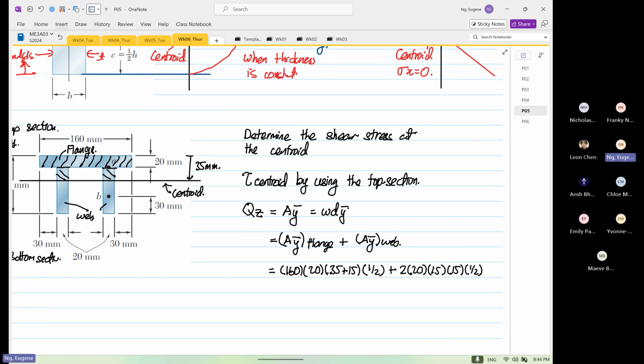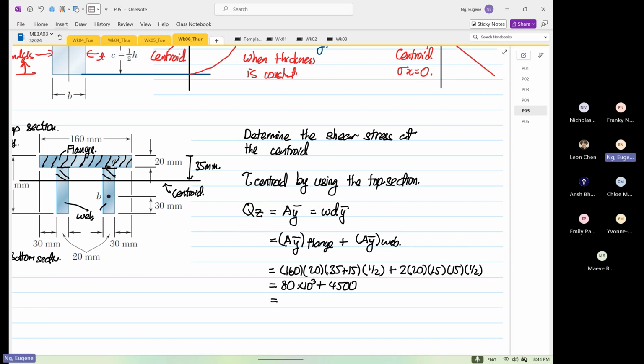Okay. So this will be equal to 35 plus 15 times 0.5, times 20 times 160, is equal to 80 times 10 to the power 3, plus 20 times 15 times 15 times 0.5 times 2, which is equal to 4500.